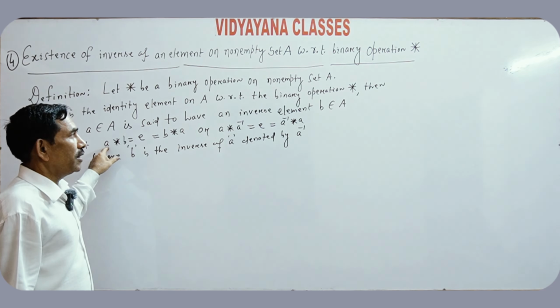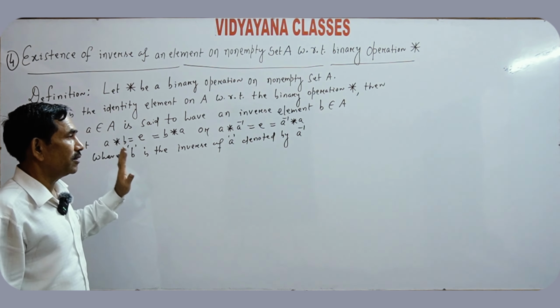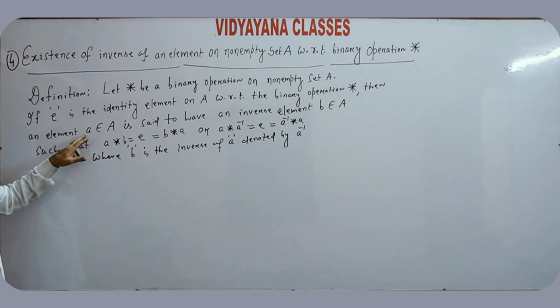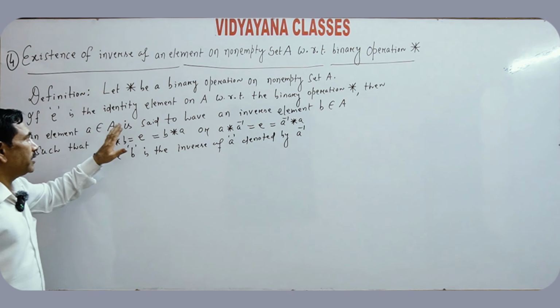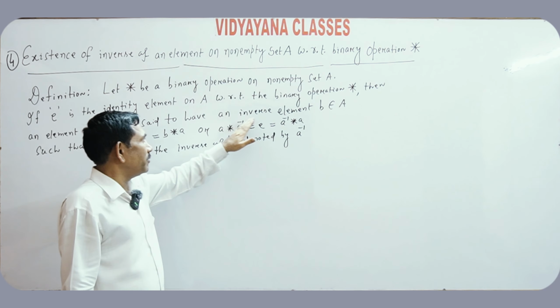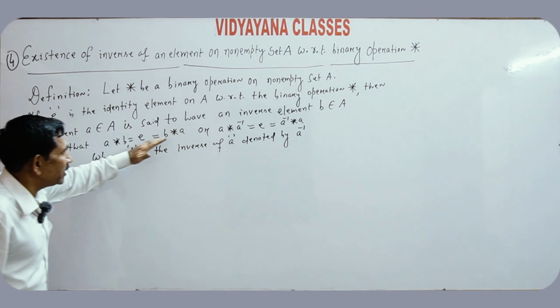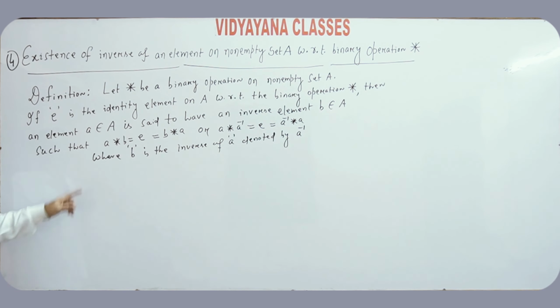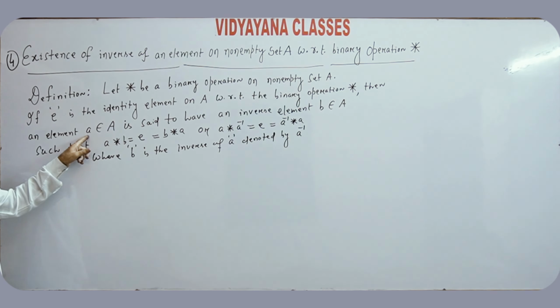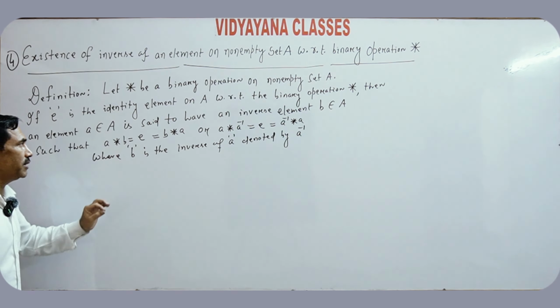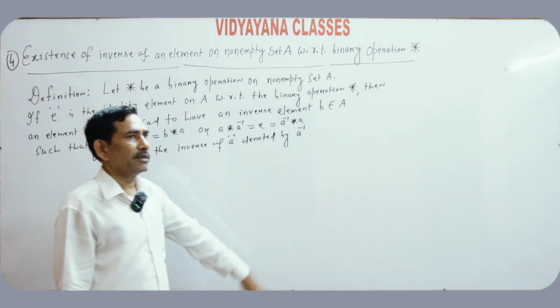An element a belonging to A is said to have an inverse element B belonging to A if this condition is satisfied. The inverse of a in A exists if this condition is satisfied.